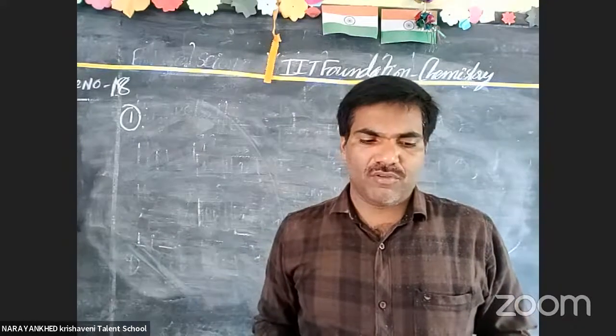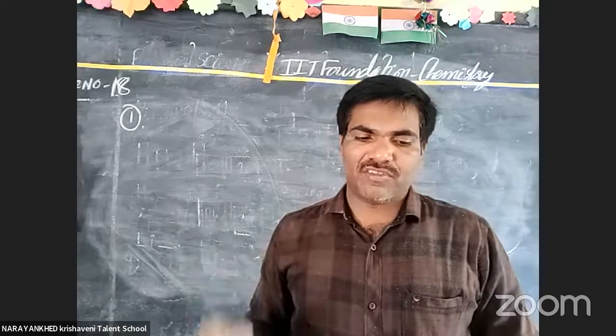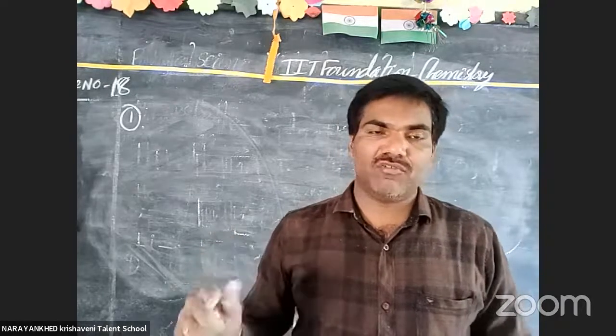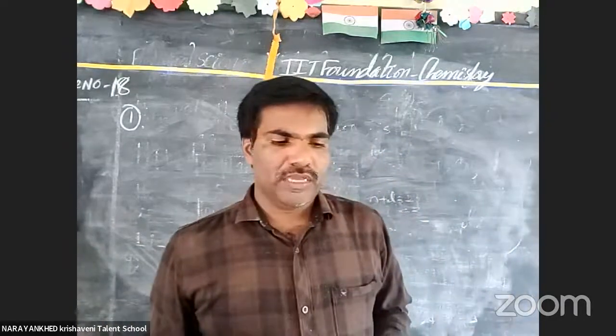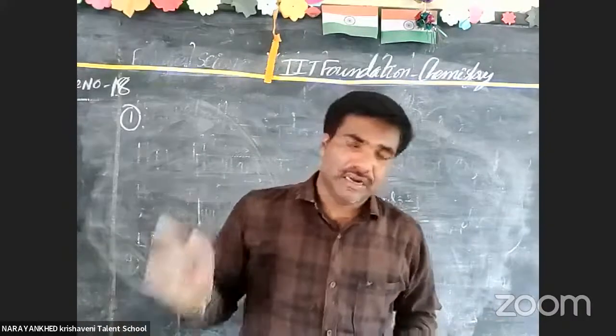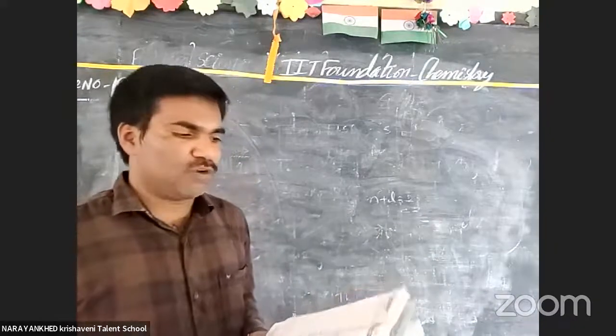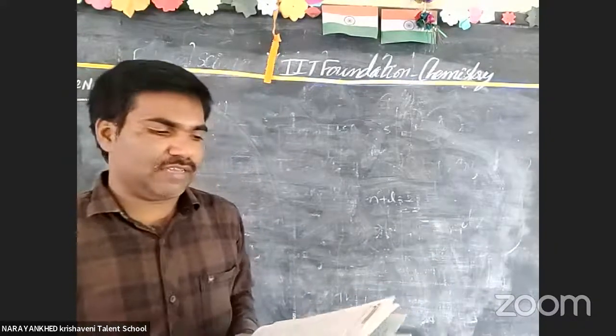Clear or not? The electronic configuration of the oxygen atom is written as 1s2, 2s2, 2p4. It would violate none of these. Everything is correct: no violation of the correlation, Hund's principle, or exclusion principle.